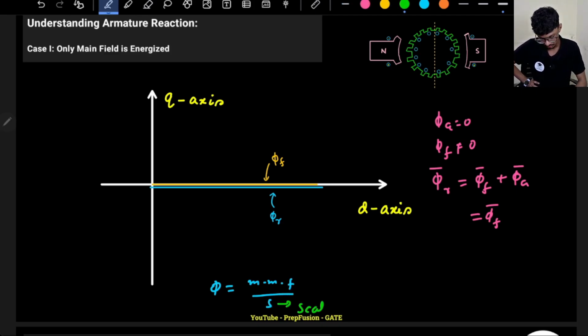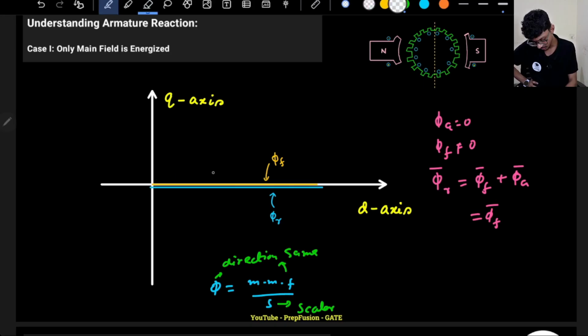So whatever the direction of flux, the direction of MMF will also be the same. So this direction is also the direction of the field MMF, known as FF.